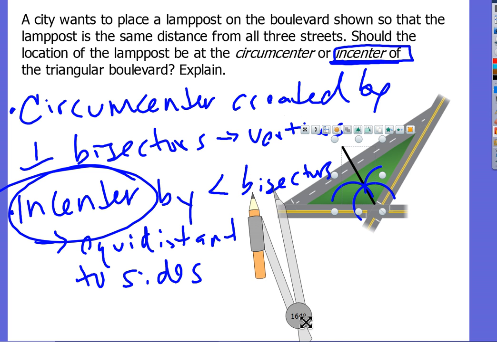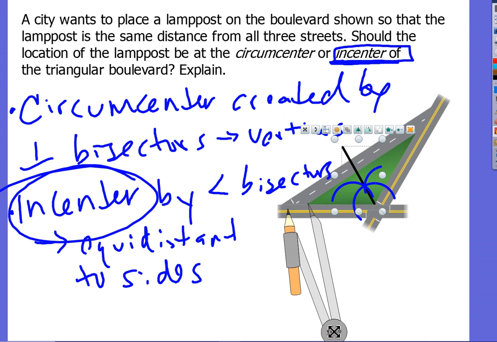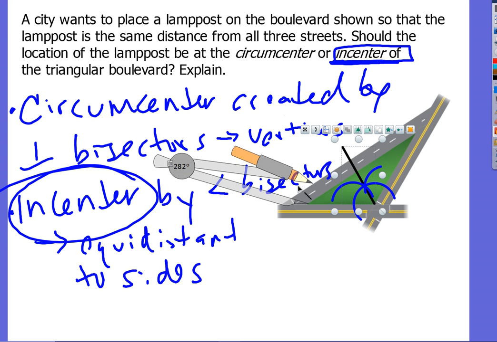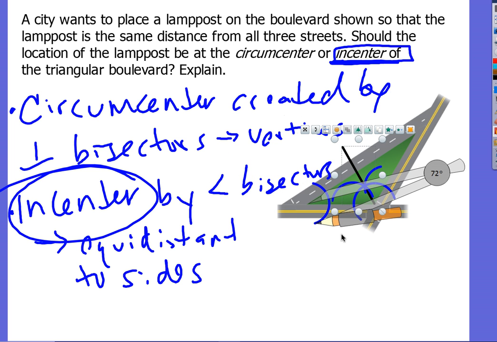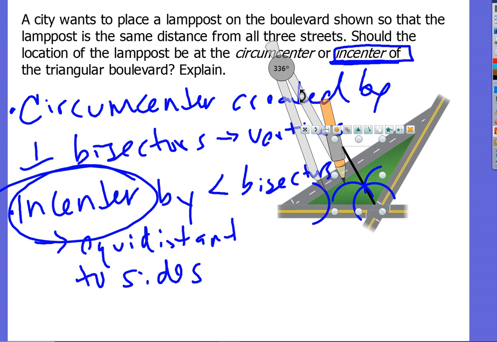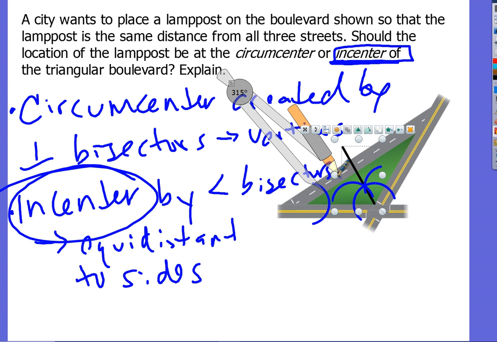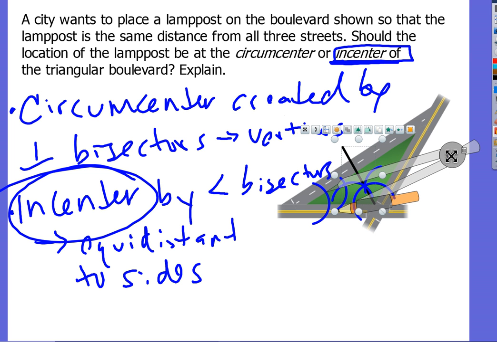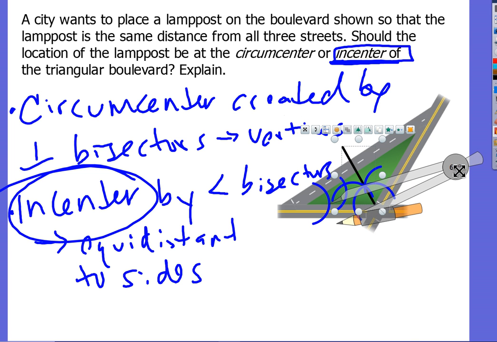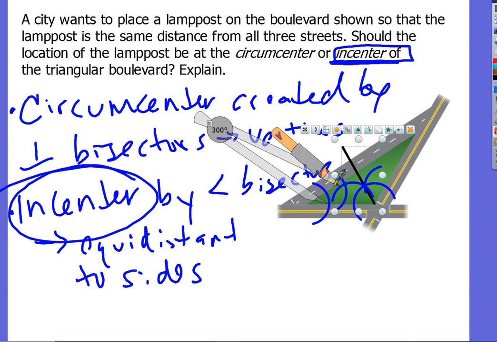Now I'm going to do the exact same thing on one of the other vertices. It doesn't really matter which one you choose. You choose an arbitrary arc, come over to each of the intersections of the arc and the sides of the triangle, and create some arcs on the interior so we can see where our points are going to intersect.